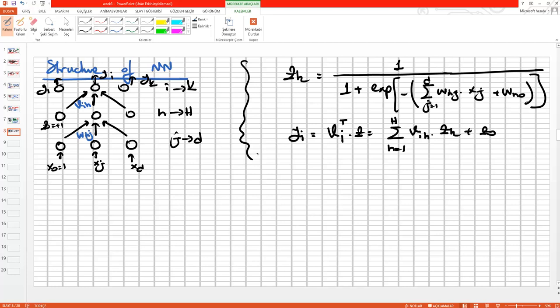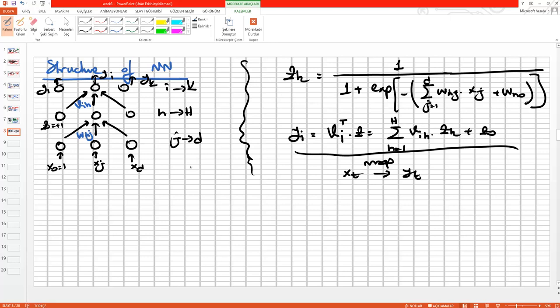Okay, this is the output of these things, and so this is called the map from X training to Y training. Okay, this is the general representation of our network. Okay, but there is some problem in here.